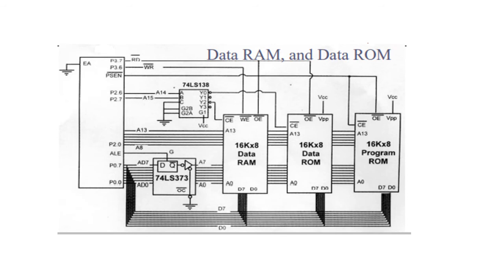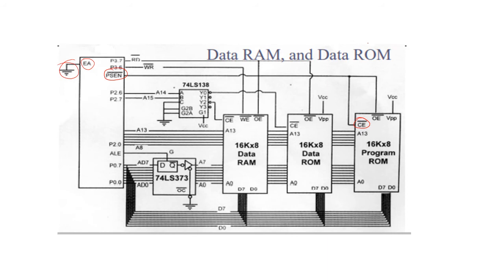In this slide, we will be discussing interfacing a data RAM, a data ROM, and a program ROM. As we have discussed earlier, in order to interface a program ROM, we have to connect the chip enable signal of the program ROM to the program store enable pin. This program store enable pin will be activated only when the external access pin is grounded.